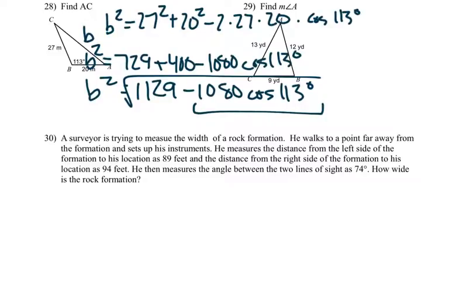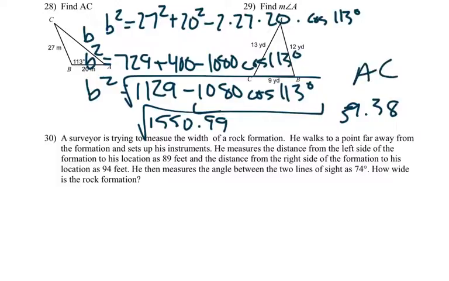Yeah, I could. And then I could take the square root of that, and that would give me 1550.99. Then the square root of that would be 39.38 for AC. Or we could have just done that from the beginning and saved ourselves a lot of trouble and potential for mistakes by just letting the calculator do all that hard number crunching, which is basically what we were doing. And we end up with the same thing, 39.38.